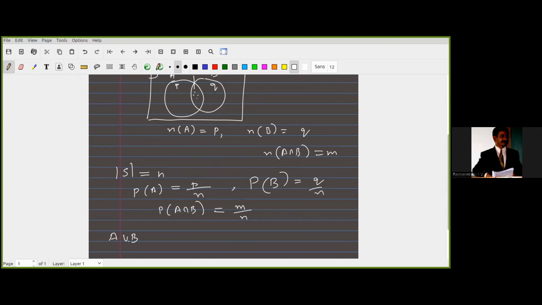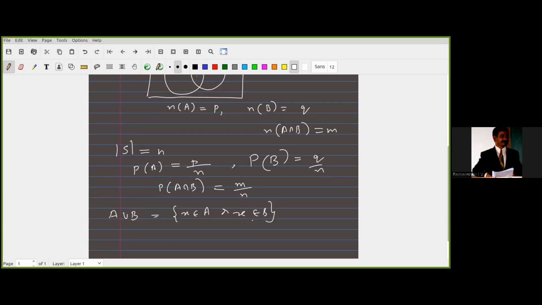A union B is set of all elements such that X is in A or X is in B. That means N of A union B is this set of P plus Q minus M, right?